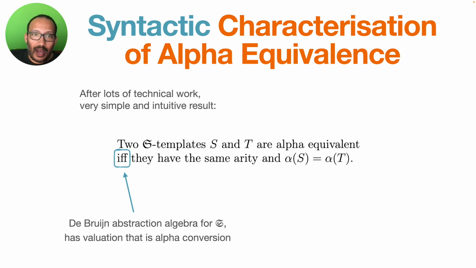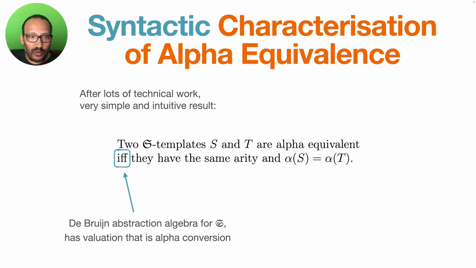And well, after all of this technical work, we arrive at a very simple and intuitive result. And this result connects the semantic characterization of alpha equivalence with its syntactic equivalent.